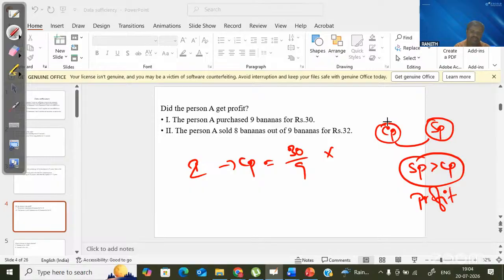So by using the cost price alone we can't find out whether we are getting a profit. SP is not given. Statement 2: person A sold 8 bananas out of 9 bananas for 32 rupees.